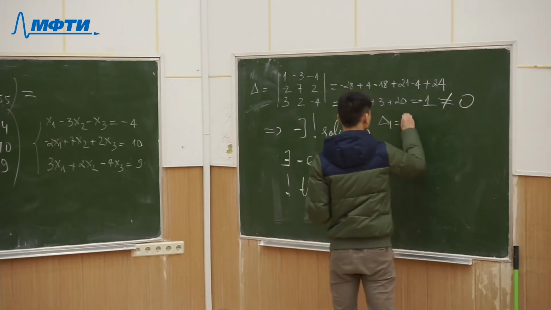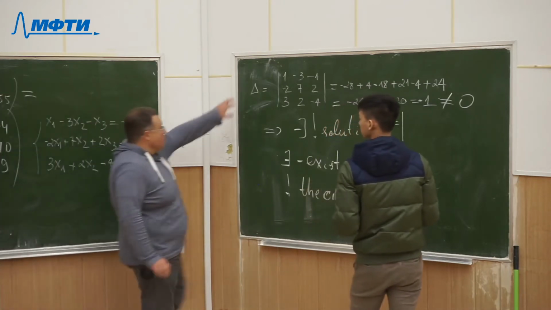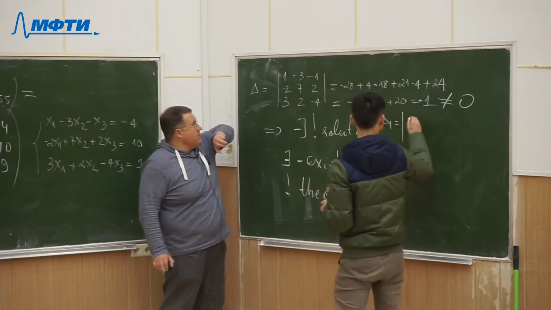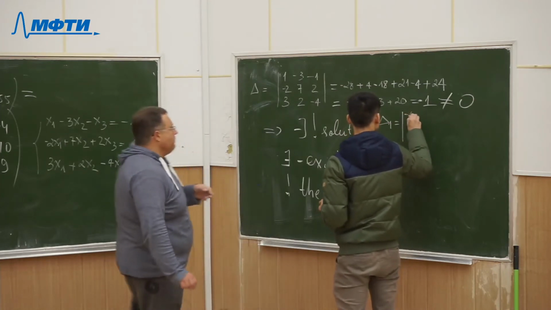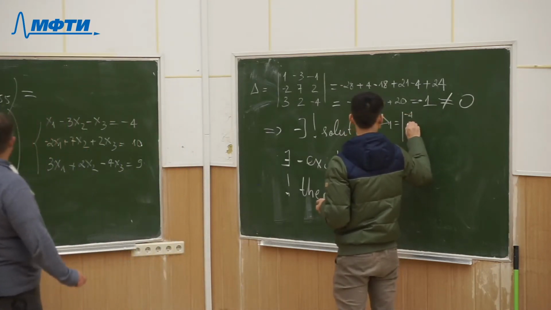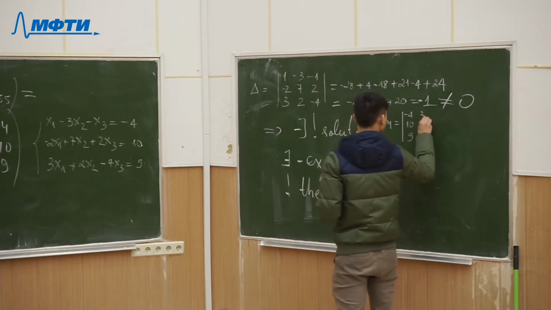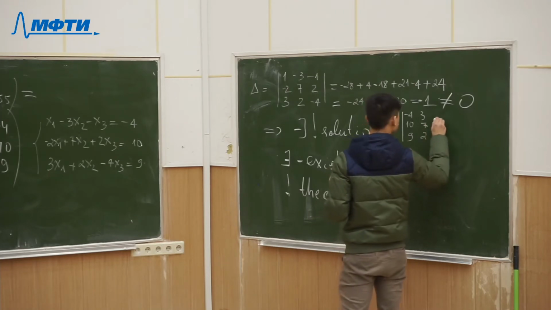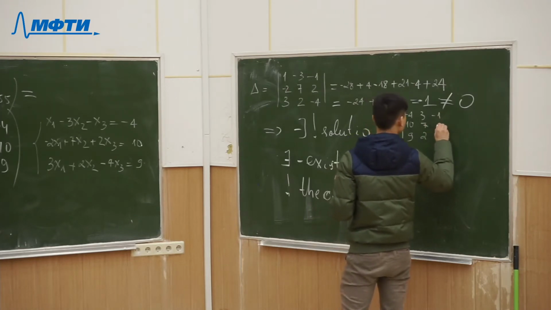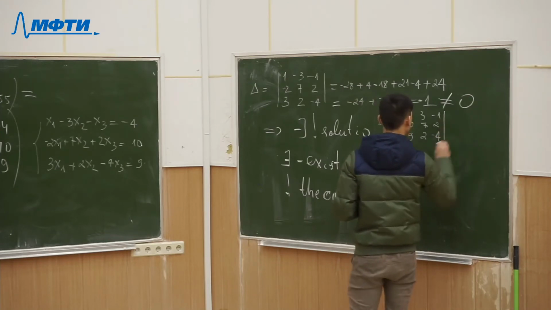Delta sub 1 equals. We have to change the first column of the matrix of the system by the column of arbitrary terms, yes? Minus 4, 10, 9, 3, 7, equals.